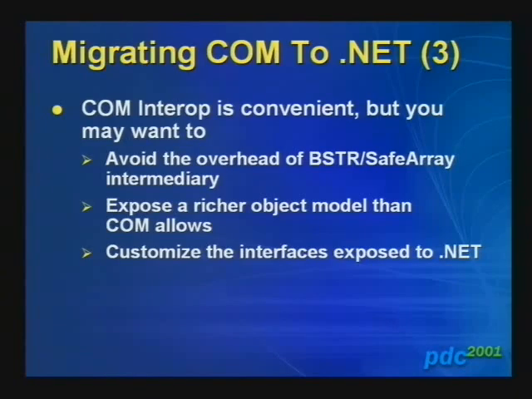A lot of people have a fairly rich C++ object model inside the implementation of their components that they then have to narrow down through a funnel, which is the COM interfaces, which is what COM allows you to expose. And then you communicate one-to-one on a low level through this TLBIMP-created wrapper with those objects.